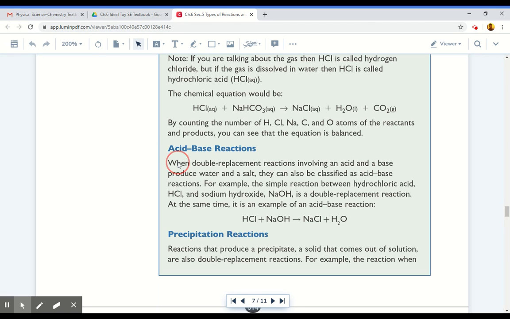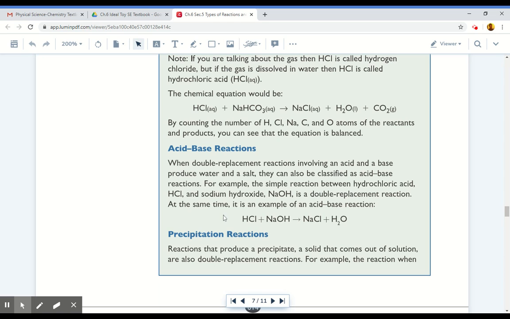Acid-base reactions. When double replacement reactions involving an acid and a base produce water and a salt, they can also be classified as acid-base reactions. For example, the simple reaction between hydrochloric acid and sodium hydroxide is a double replacement reaction.